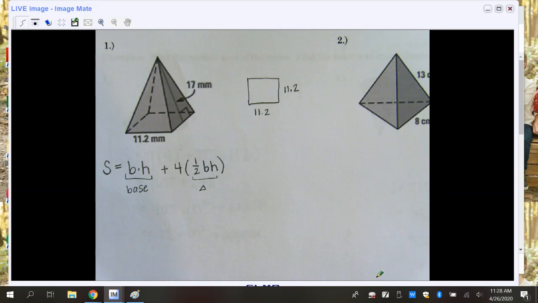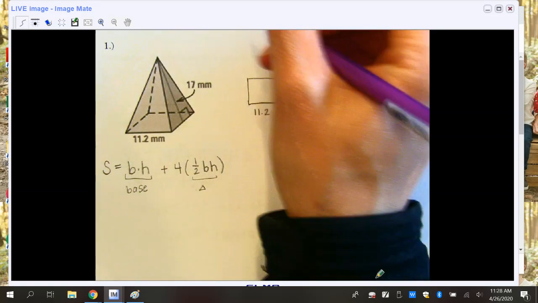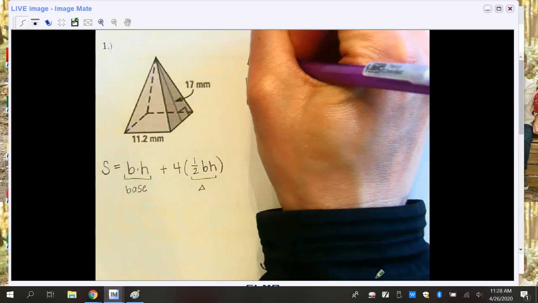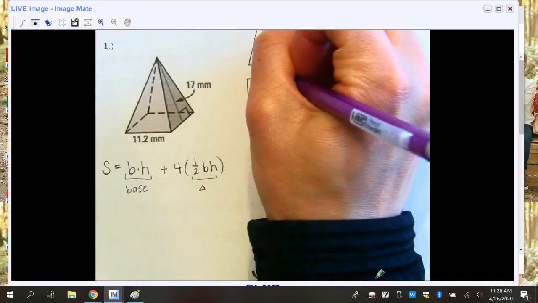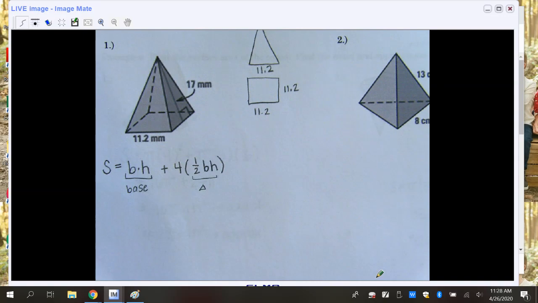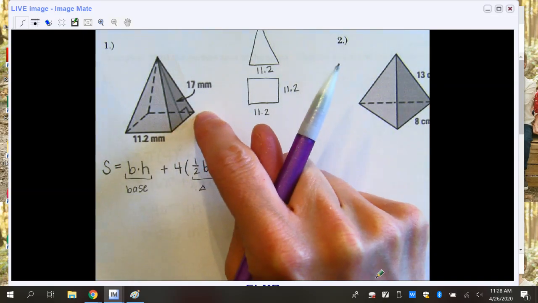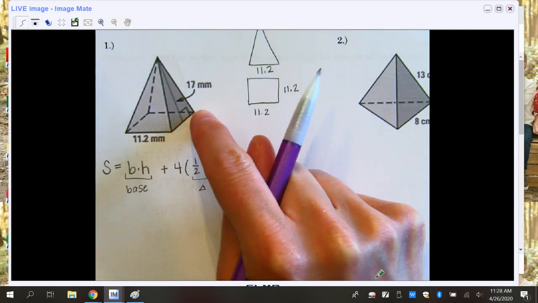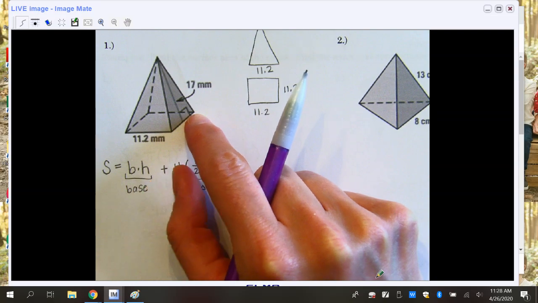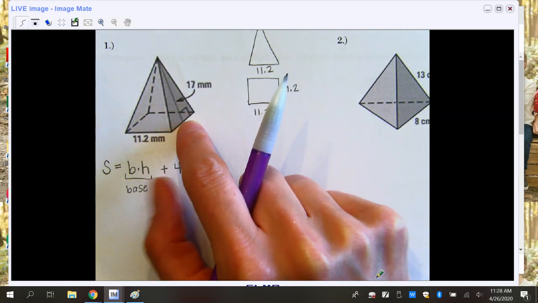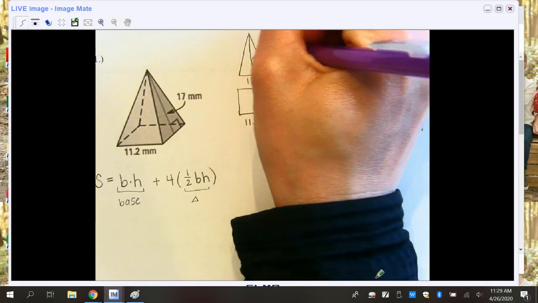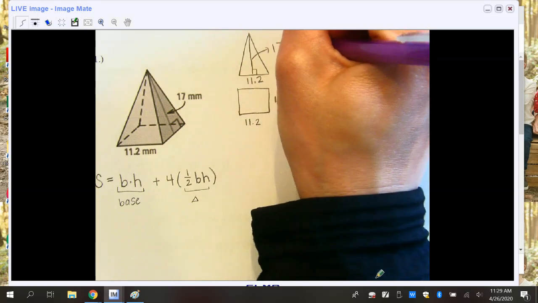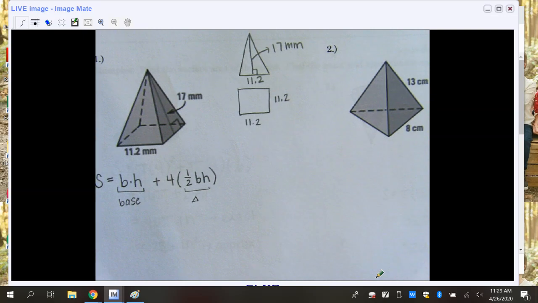All right, and so now if I draw one of the lateral faces, the base of that triangle is also going to be 11.2. It's the same as the side of the square. And then the slant height right here is the height of your triangle, and that's 17 millimeters.